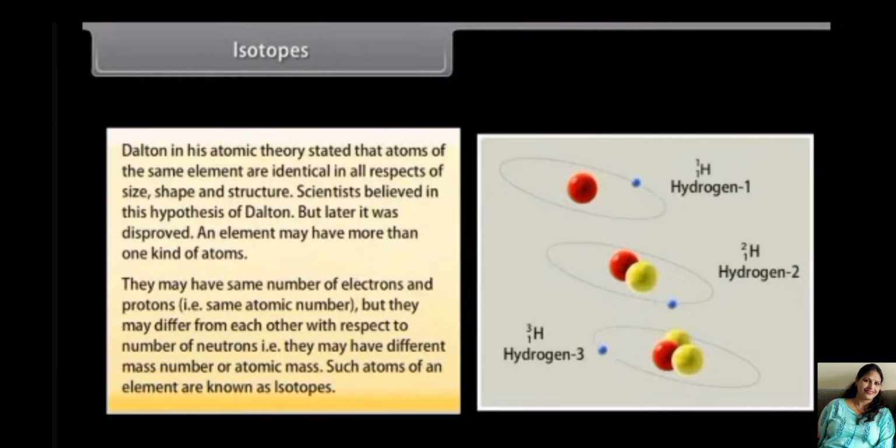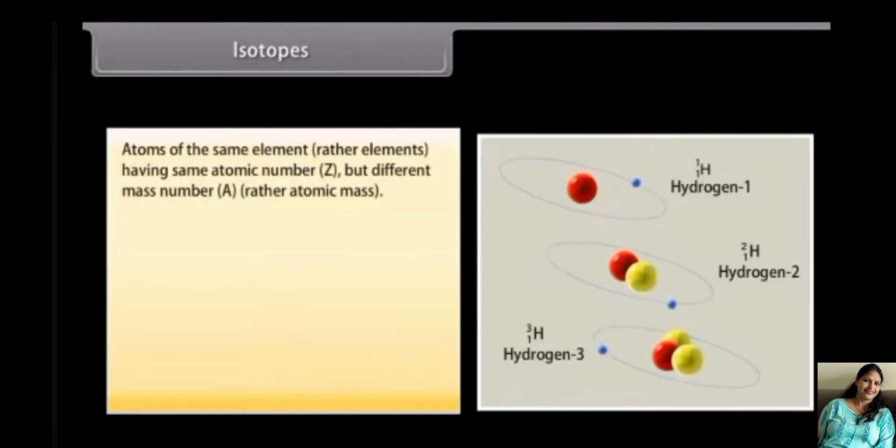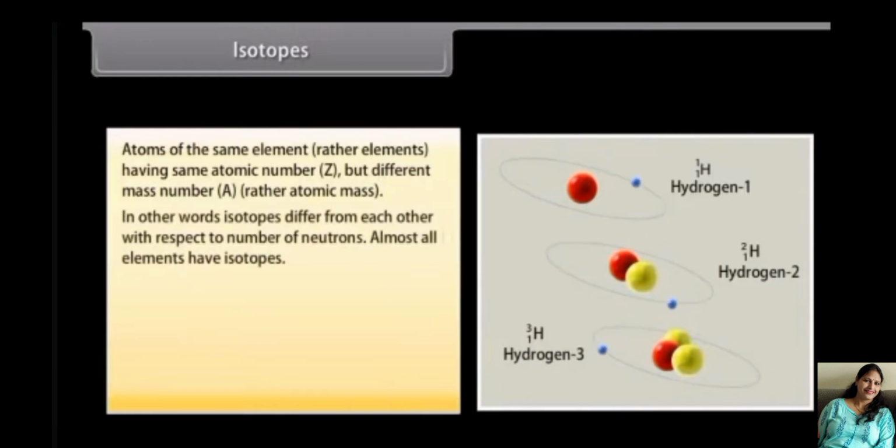Hydrogen possesses 1 electron. Its mass number is 1 and it possesses different number of neutrons. Isotopes are atoms of the same element having same atomic number but different mass number. In other words, isotopes differ from each other with respect to number of neutrons.